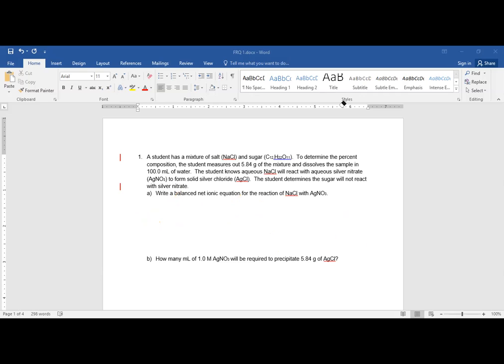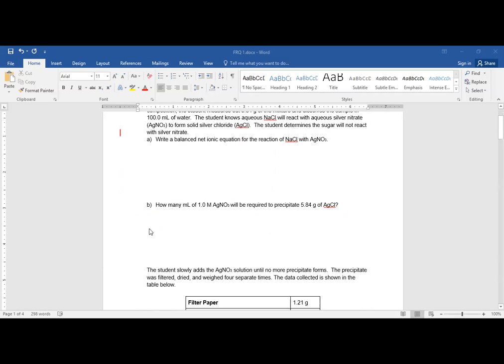All right, question 2. How many mL of 1 molar silver nitrate will be required to precipitate 5.84 grams of silver chloride? Okay. So here's what we know.